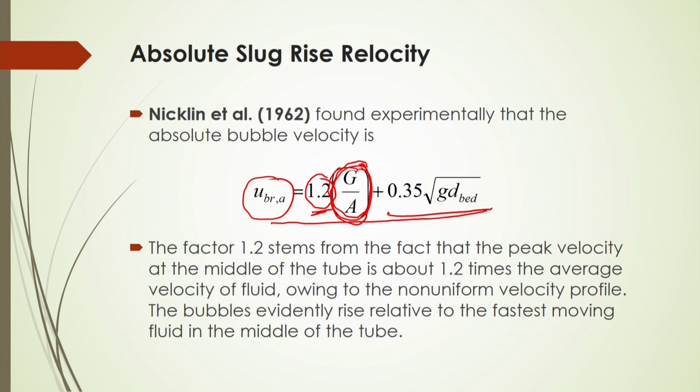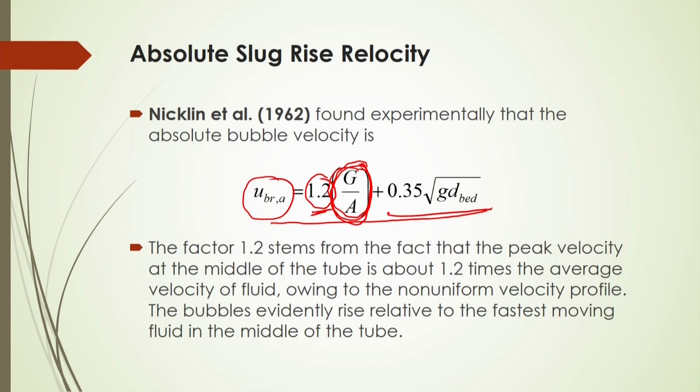It is seen that at the middle section of the fluidized bed, there will be a velocity of the gas that will be the highest velocity, called the peak velocity at the middle of the tube, and that will be equal to 1.2 times the average velocity of the fluid. What should be the cross sectional area average velocity inside the bed, and what should be the central line velocity of the fluid inside the bed.